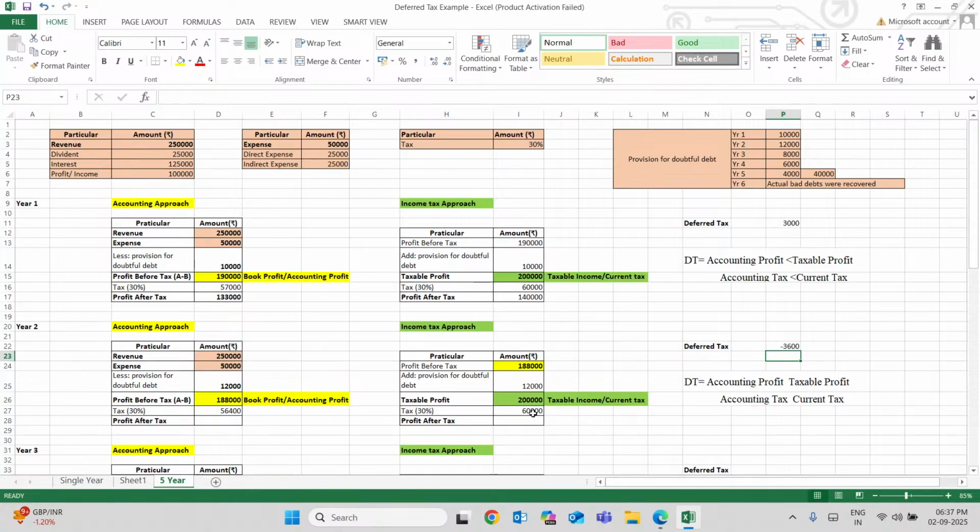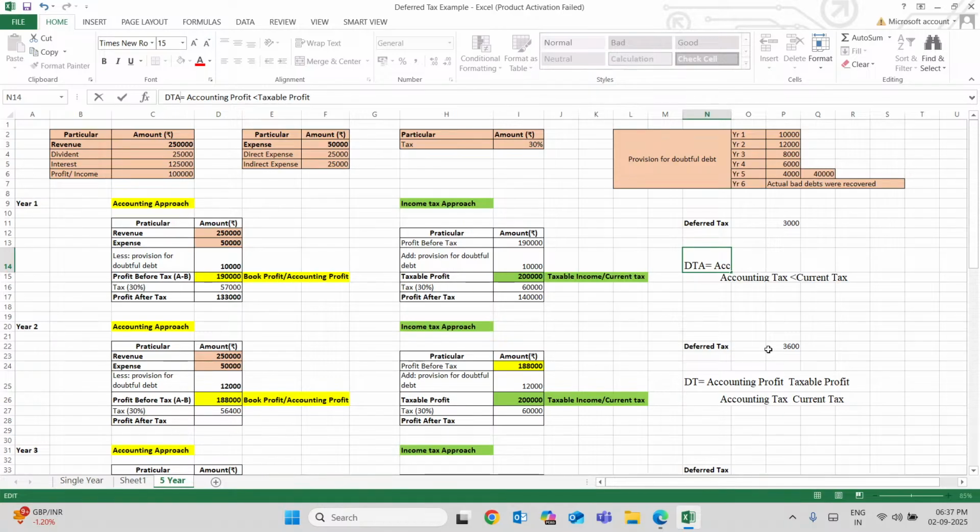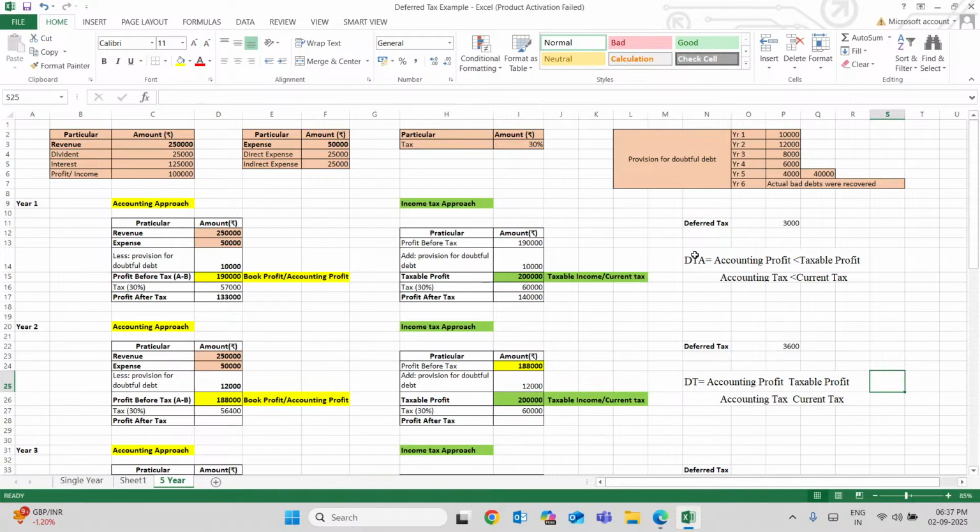So here again there is a DTA, because the accounting profit is less than the taxable profit, and the accounting tax is less than the current tax. We are going to keep doing this till we get a DTL, right? So under this, let's get 8,000, 6,000 and 4,000.